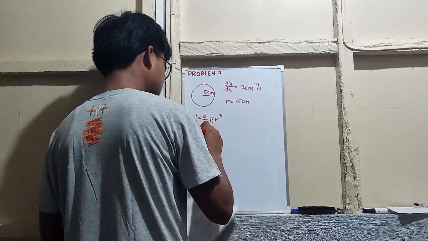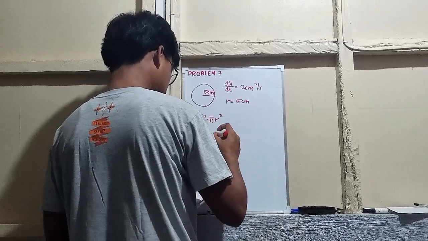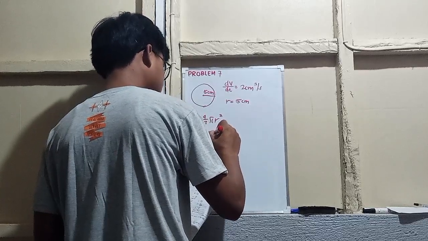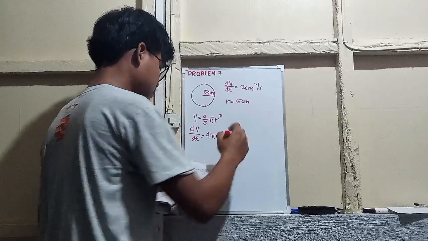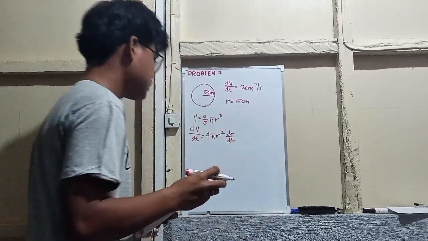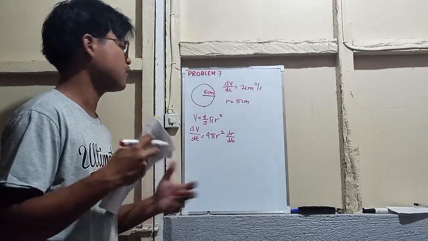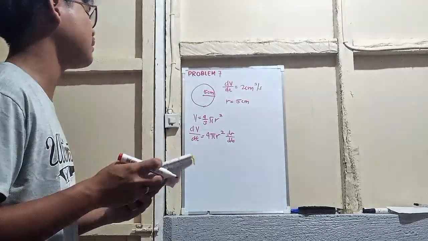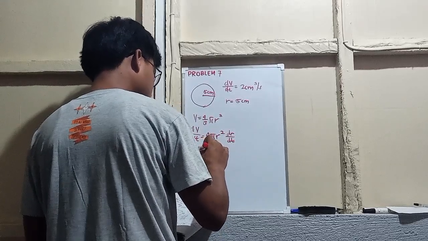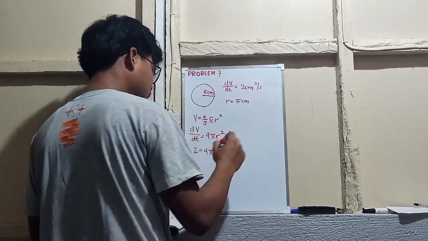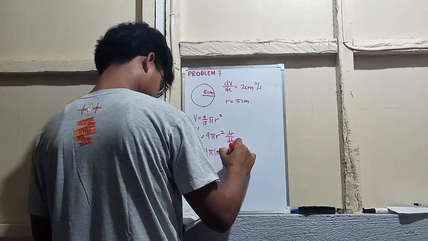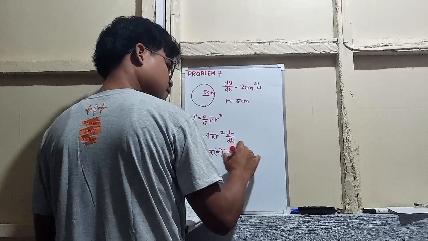So dV over dt is 4 pi r squared dr over dt. Here we will substitute the given in this formula. So dV over dt is equal to 2, 4 pi, and our r is equal to 5 squared dr over dt.